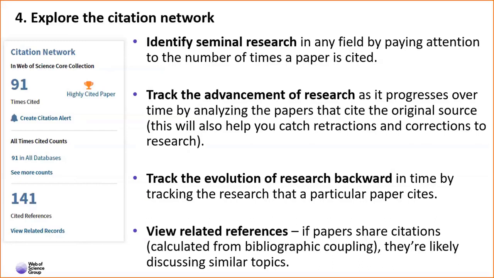Related records would be other papers, obviously, that have cited some of these 141 references. And the logic here is what we call co-citation. If two papers are citing the same paper, at least one paper, then those papers are related because they use the same literature. Okay, they're likely discussing similar topics.